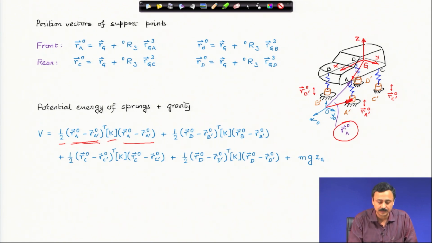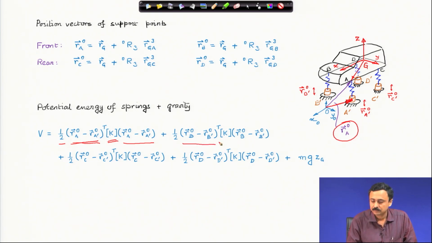In general, therefore, this becomes a matrix, and in very simple situations this will be a diagonal matrix. In other words, you will have forces also in the horizontal direction because of horizontal displacement of point A above A prime.